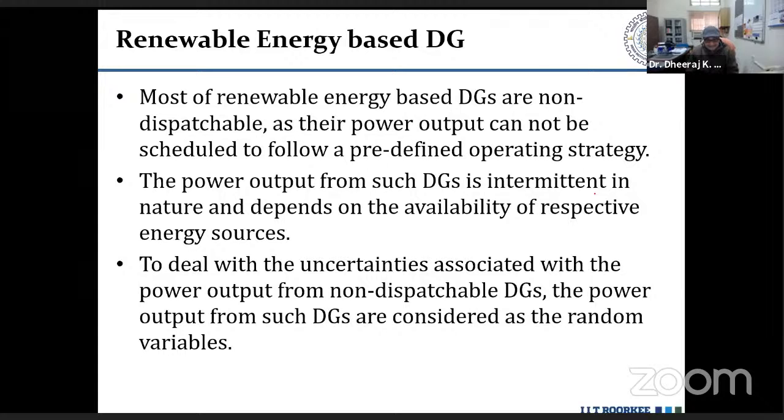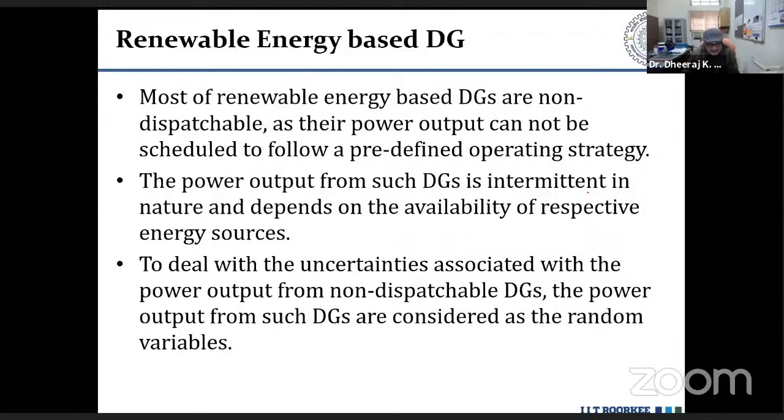Since the power output from renewable energy based DGs is intermittent in nature, and it also depends on the availability of the respective resources, there are a lot of uncertainties. So while considering renewable energy based DG, we should consider the uncertainties in the power output.